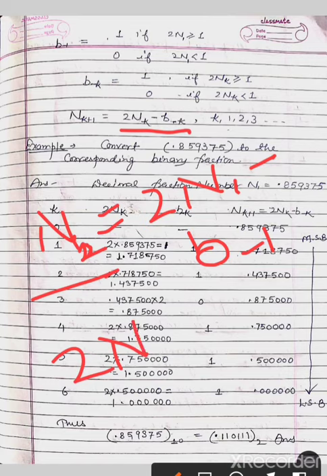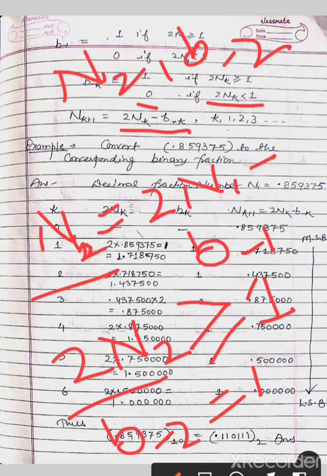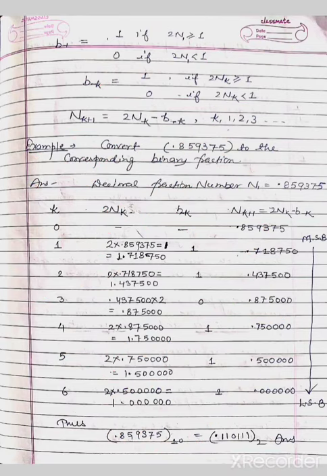Now we have to find 2n2. If this 2n2 is greater than or equal to 1, then b minus 2 has the value 1. If it is less than 1, then b minus 2 has the value 0. So now n2 and b minus 2 are known. After that, using the same formula, we find n3 and determine the value b minus 3, and so on. This process goes on.